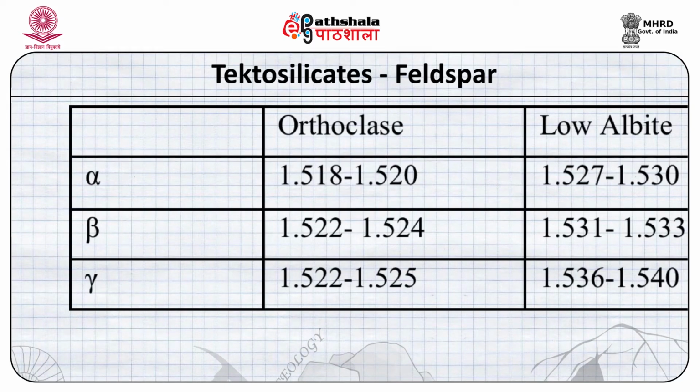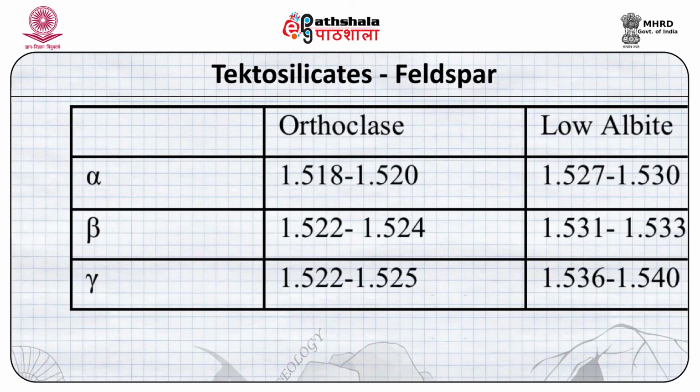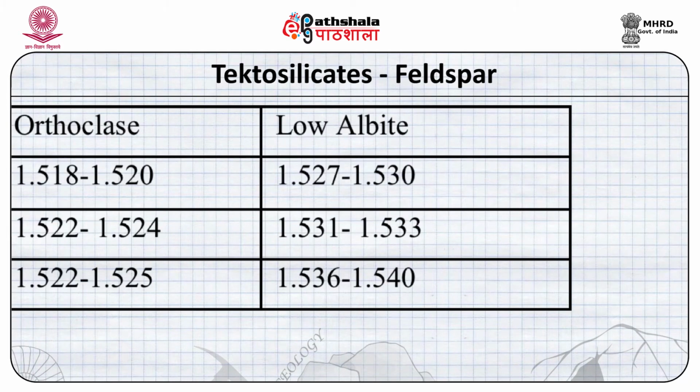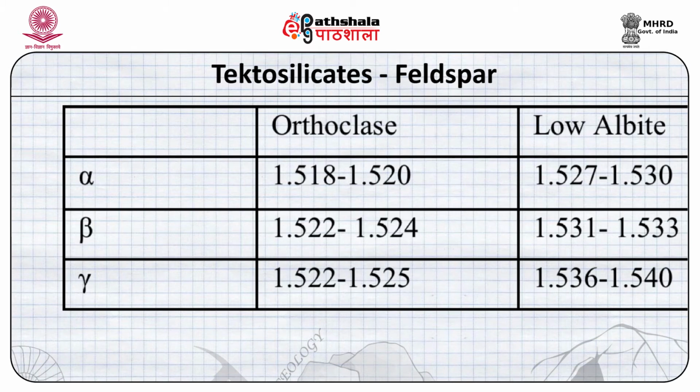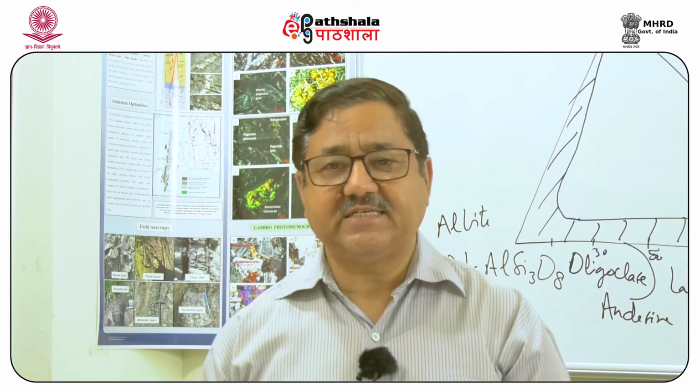So, the alpha is 1.518 to 1.520 for orthoclase, whereas it is 1.527 to 1.530 for low albite. For orthoclase beta is 1.522 to 1.524, whereas it is 1.531 to 1.533 for low albite. Similarly, for gamma 1.522 to 1.525 is the value for orthoclase, and 1.536 to 1.540 is the value for albite. So, this is the second series of alkali feldspars.